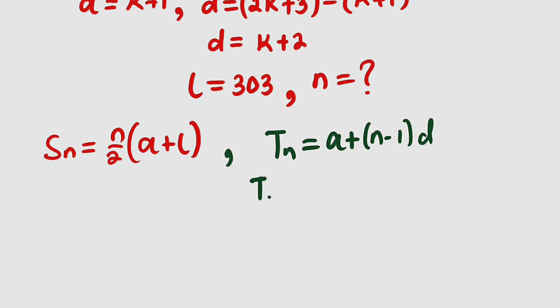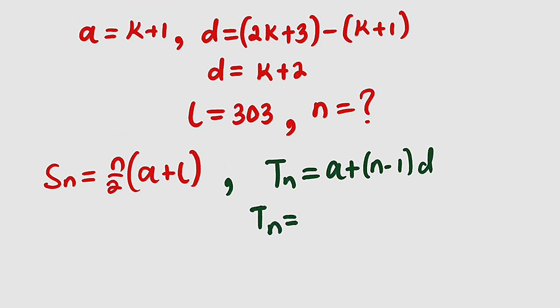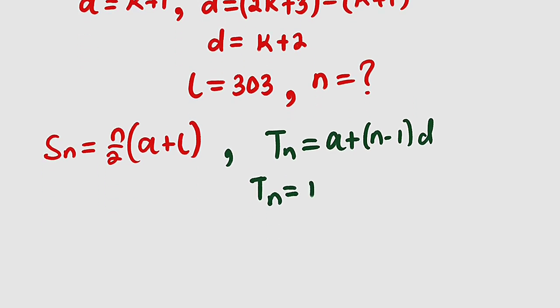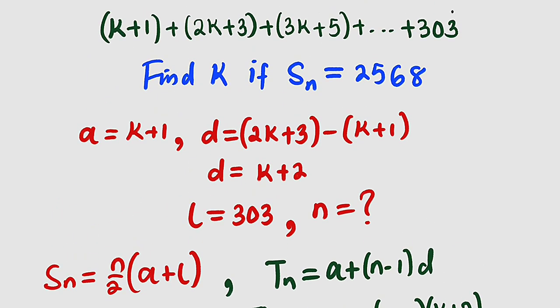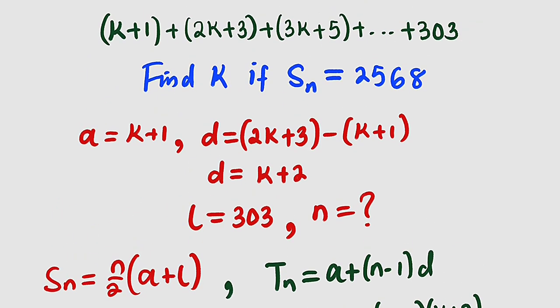So Tn is equal to A, which is k plus 1, plus N that we are looking for minus 1, times D. And D is k plus 2, you can see that here. Every single term can be represented by Tn, so since the last term is given to us, we can use it to find the total number of terms.